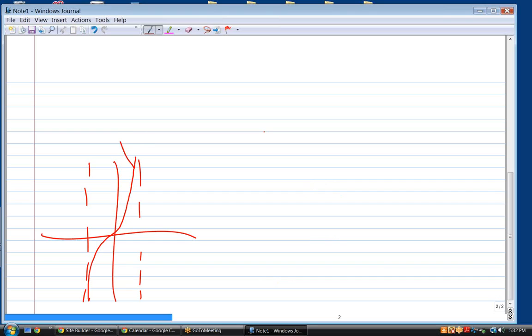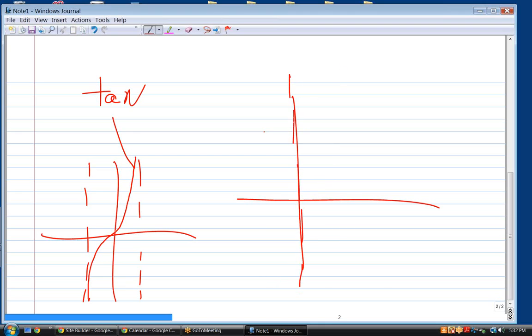This is tangent. Well, cotangent has its asymptotes... these asymptotes are minus pi over 2 and pi over 2. But cotangent goes from 0 to pi, and it's the reverse. It looks a lot like the negative tangent.